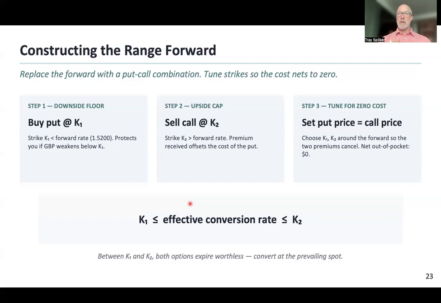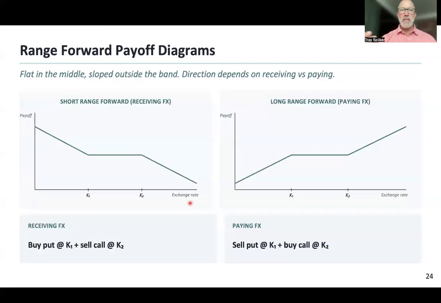We talked about collars last time in hedging an equity portfolio, for example. From a visual perspective, in the example that we talked about earlier, it was a short range forward contract. So we're receiving, say, British pounds in the future, right? So this is what a firm with a foreign currency receivable would be holding in terms of their position.